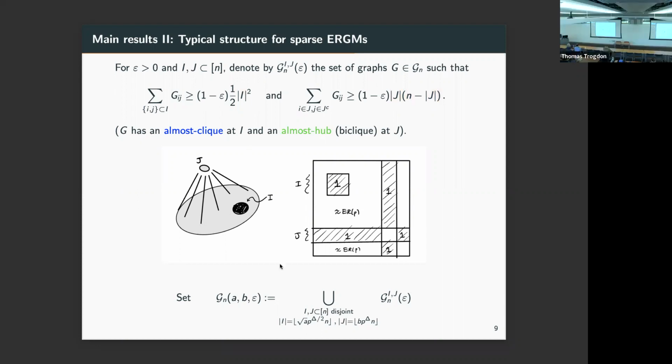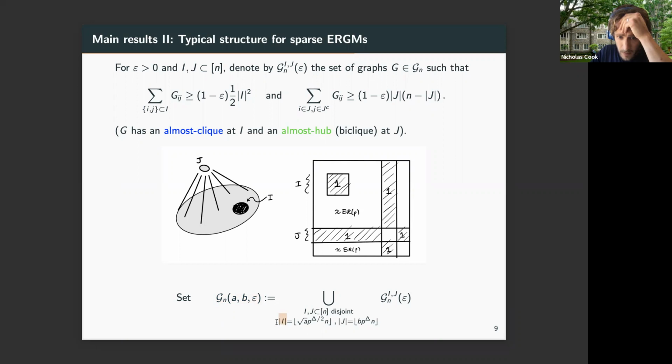Okay, so the set of graphs where these measures concentrate, they concentrate in a set of this form. So we have 2 parameters a and b that specify the sizes of I and J, and then they're in a small neighborhood of this set. So that's what epsilon is.